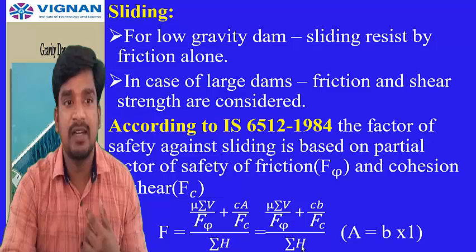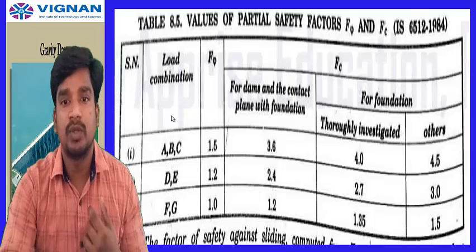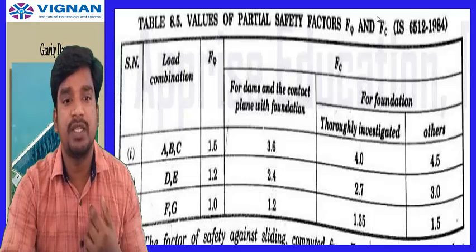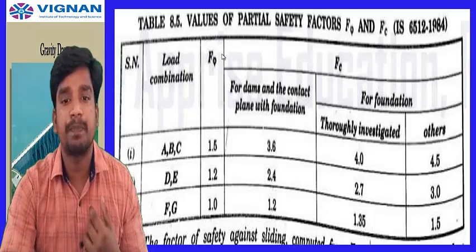Now moving on to the next slide. These are the values of partial safety factors for F5 as well as FC, the friction factor of safety as well as the cohesion or shear factor of safety. So both are partial safety factors.